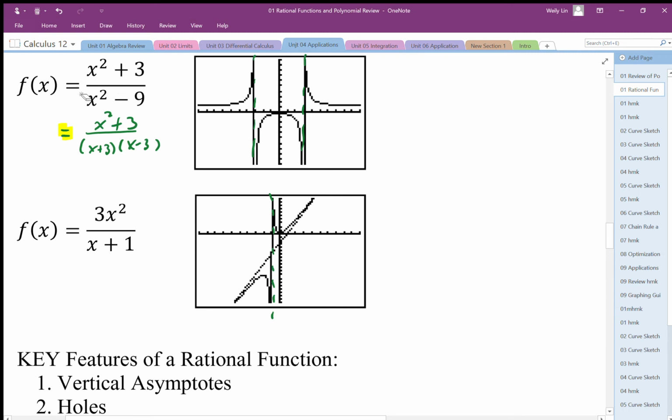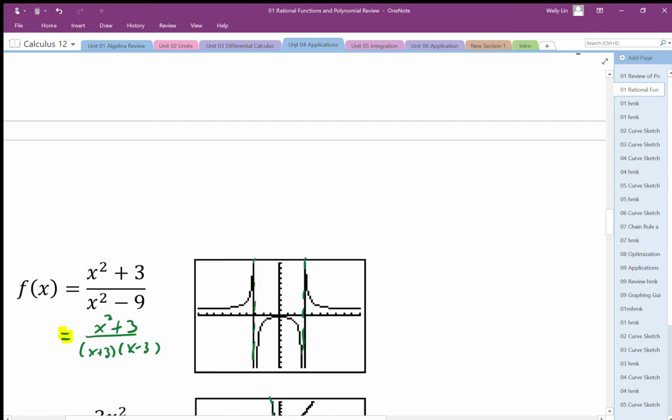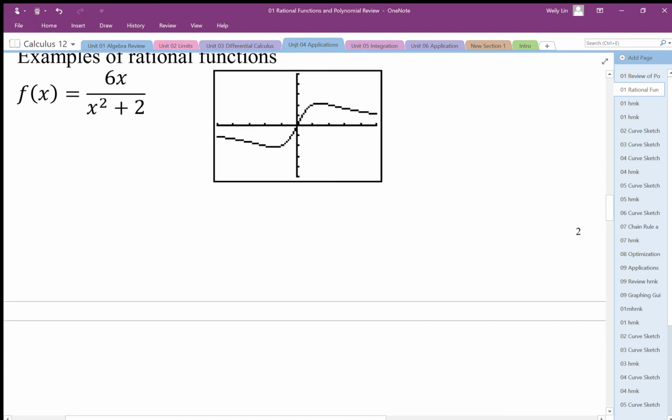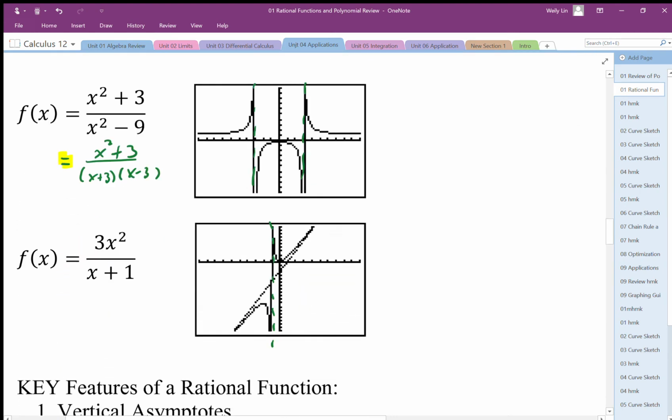The limit as x goes to infinity of this is equal to 1, and notice that there is a horizontal asymptote at 1. For this one here, as we let x go to infinity, the denominator dominates, so it's going to go to 0. As we go to positive and negative infinity, you can see that there's a horizontal asymptote at 0.